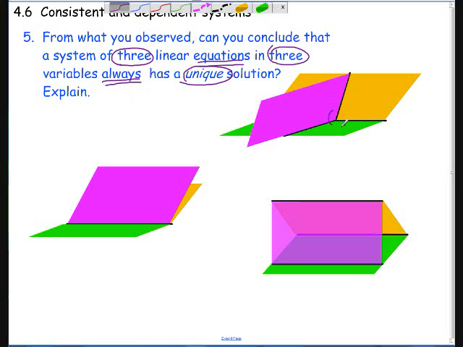Well, it happened here, didn't it? But we didn't get a unique solution here. We got an infinite number. And in this case, there was no solution. So, no, that would not be a good conclusion.